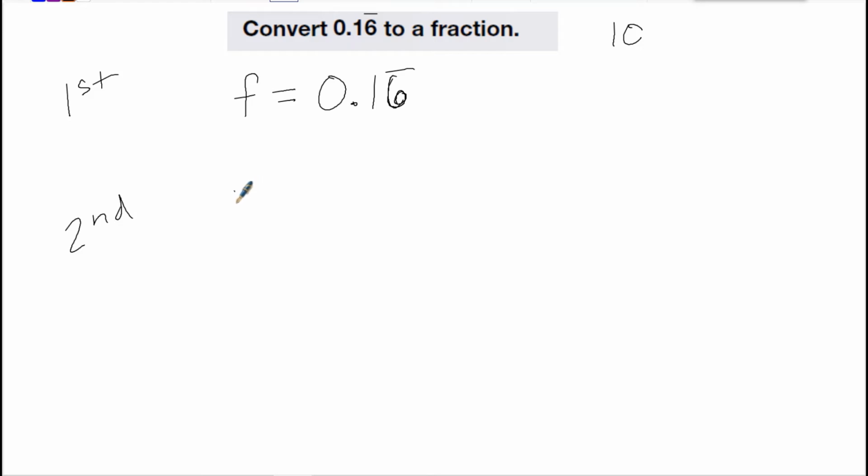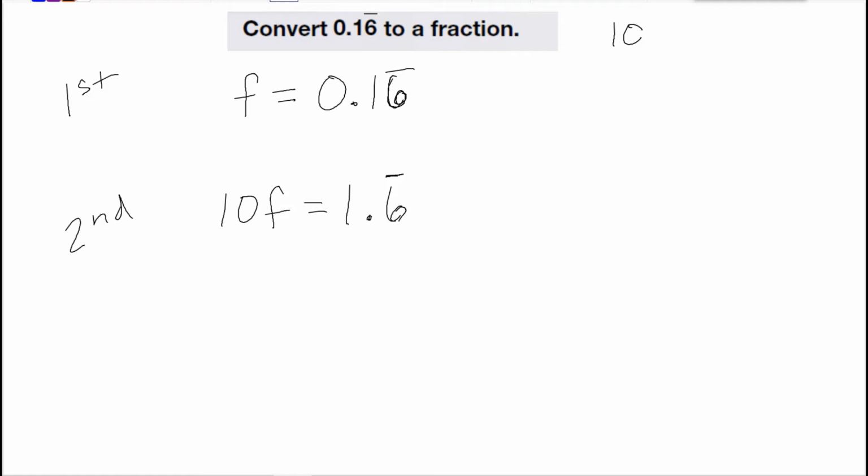So I end up with 10f equals 0.16 times 10, which is 1.6, and that 6 is going to keep repeating itself. If I wrote it out, it would be 666, all those sixes, but I'll go ahead and not.